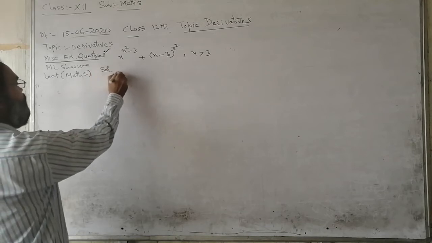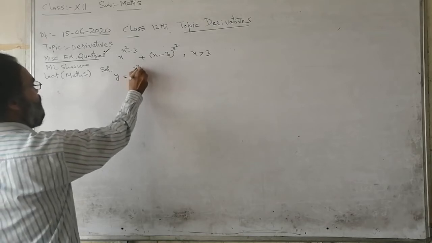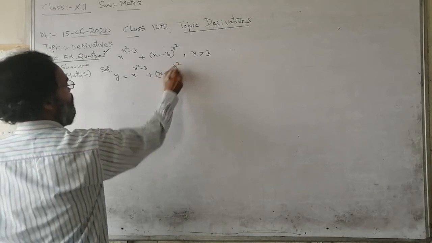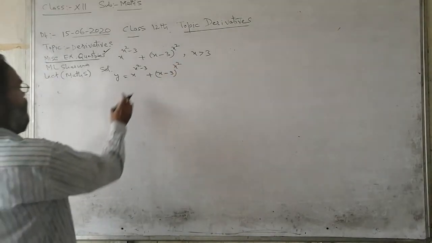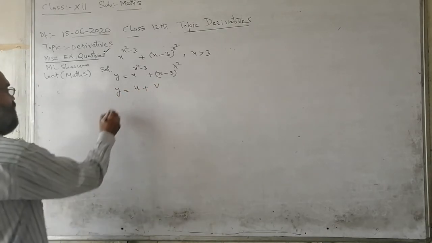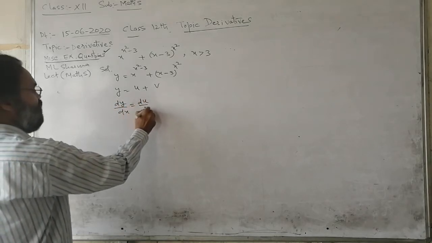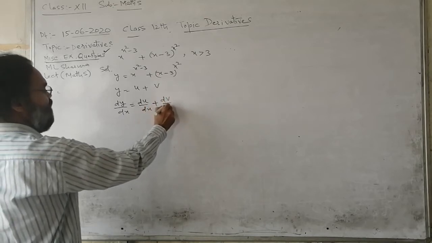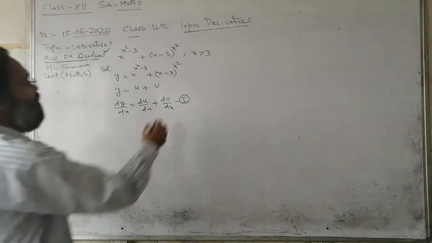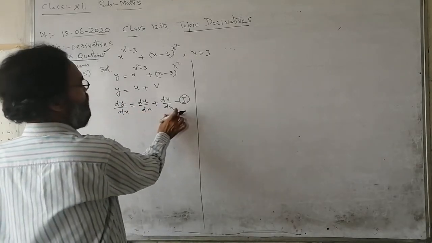So let y equal x raised to power x square minus 3, plus x minus 3 raised to power x square. If I put this as u and this as v, so dy upon dx will equal du upon dx plus dv upon dx. This is equation first. So next I will find the value of du upon dx and dv upon dx.